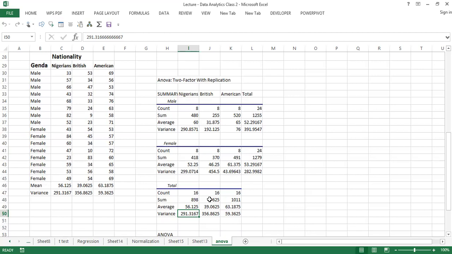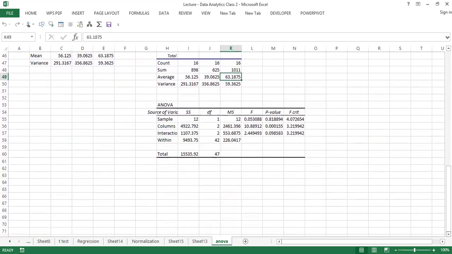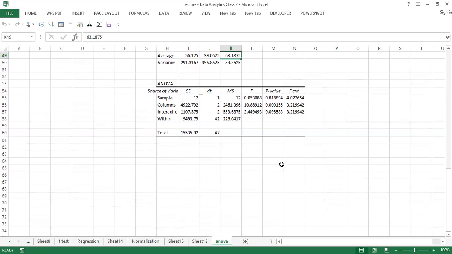Exactly. So now let's go to the ANOVA proper. Here, of course, it gives you the source of variation: sample, columns. The sample is like the rows. When you say sample, all the male data is one sample, and all the female data is one sample.